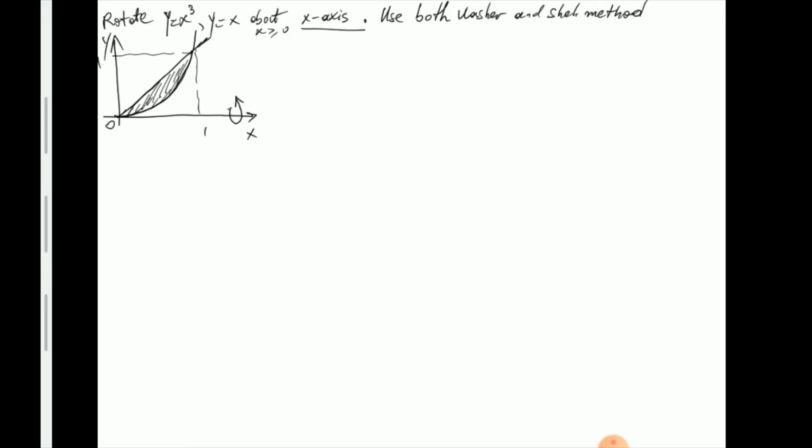Because when you scoop out these shells, each shell is parallel to the axis of rotation. So each shell is parallel to the axis of rotation.